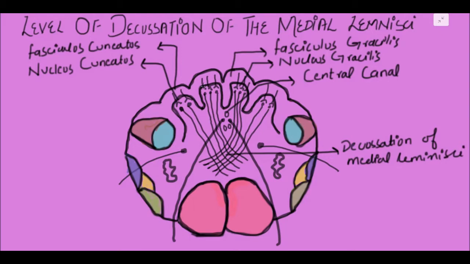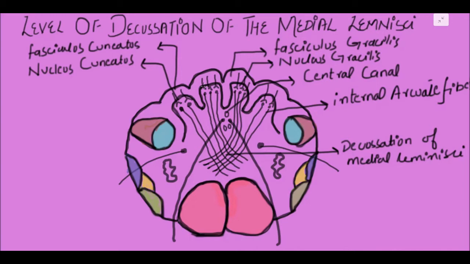So these fibers which decussate to the opposite side are known as the internal arcuate fibers. These fibers are known as the internal arcuate fibers.